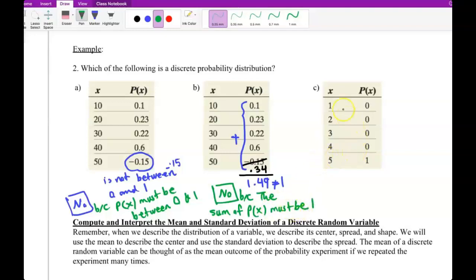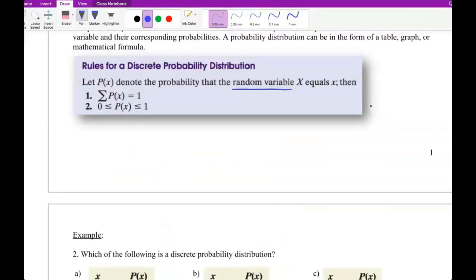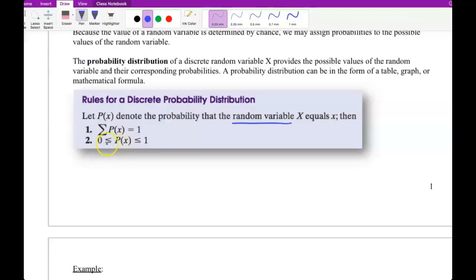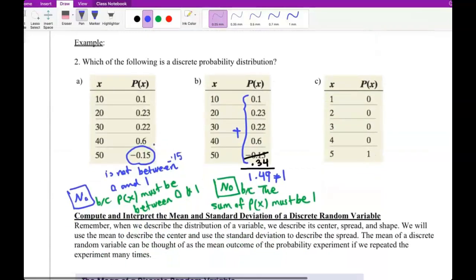Okay, now the third part, part C. Here for part C, all of these are between 0 and 1. So the probability of x should be greater than or equal to 0 and less than or equal to 1. And here all of these are between 0 and 1.